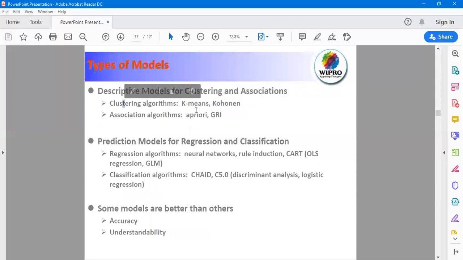If I now ask you what k-means is: k-means is a clustering algorithm used for descriptive modeling, right? Whereas neural networks is a regression algorithm used for prediction models, where you need to implement either classification or regression. So we will stop here, and next time we will take all these algorithms in detail.